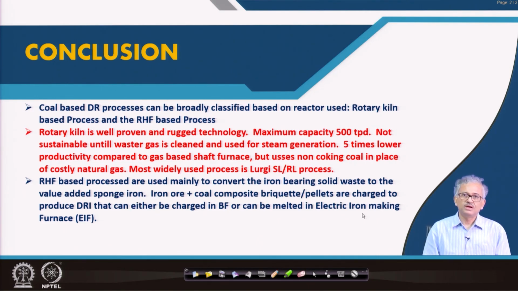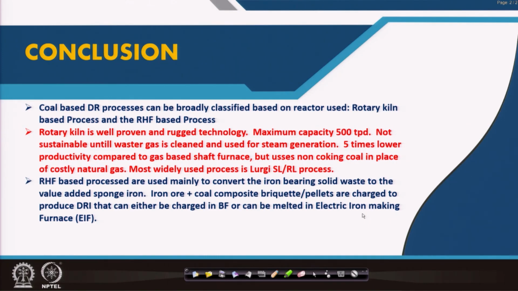It is the rotating hearth that basically carries the material through different temperature regimes and reduces it and then produces that sponge iron. Okay. So, that is why the quality of raw material can be compromised. You can use any kind of waste fines and non-cooking coal, mix them and pelletize or briquettize, and after that you can reduce it in the rotary hearth furnace.